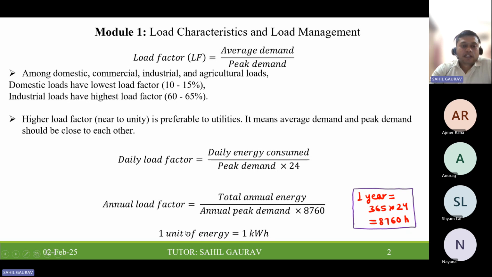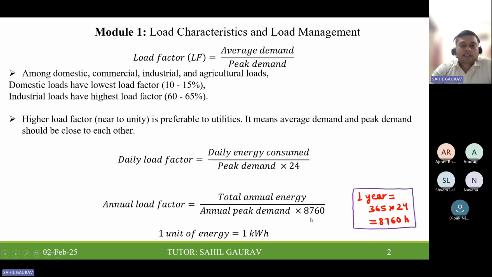Similarly, we can find the annual load factor: the total energy consumed in a year, and the number of hours in a year. One year is 365 days, and in one day we have 24 hours, so we have 8,760 hours. If you divide the total annual energy consumption by 8,760, you get the average demand for the year, and if you divide that by peak demand, you get the annual load factor.